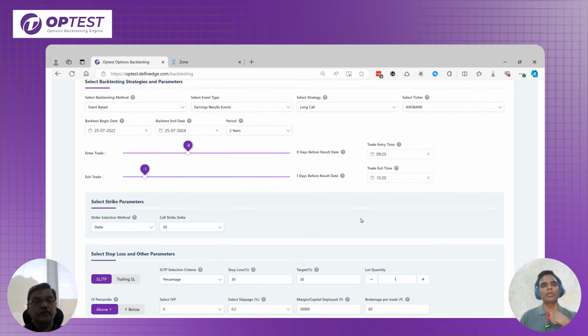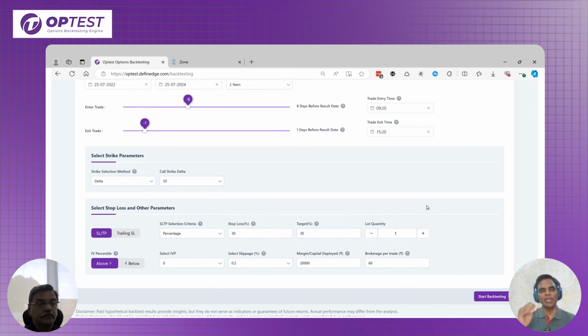We buy a call option 8 days before, and we sell 1 day before the results are announced. The entry, again, we can choose in the morning, and the exit will be before the market closes on the day before the result date. So we have that fine time point selection in terms of selecting the option.